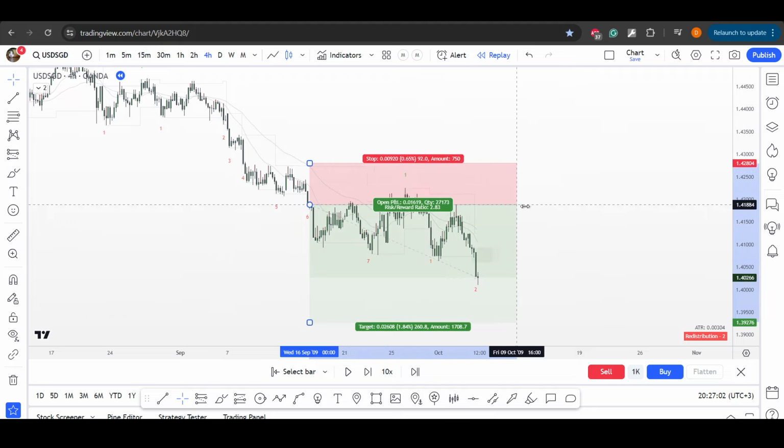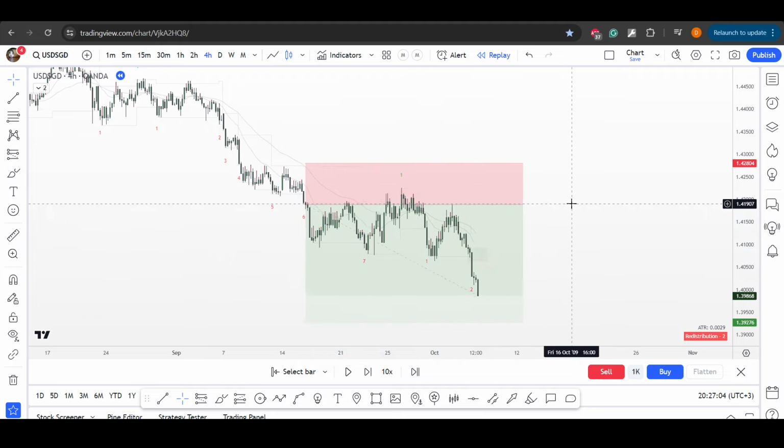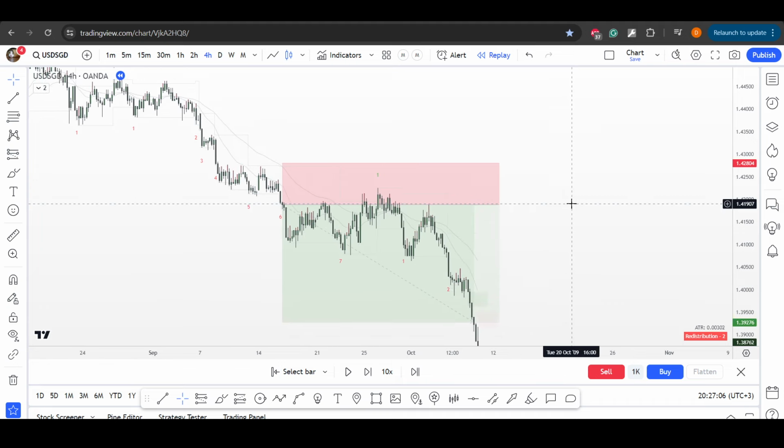So moving stop loss to break even at this point, and this take profit.